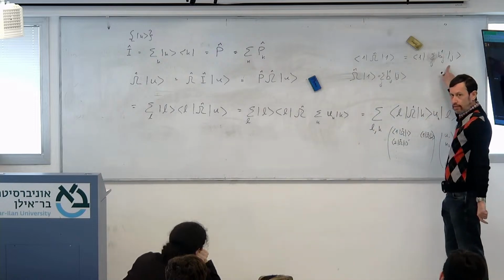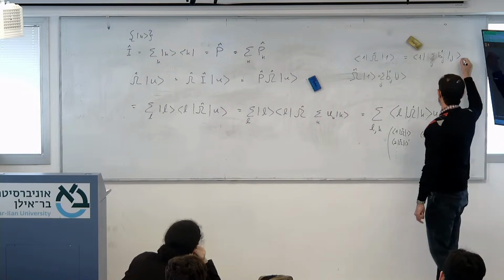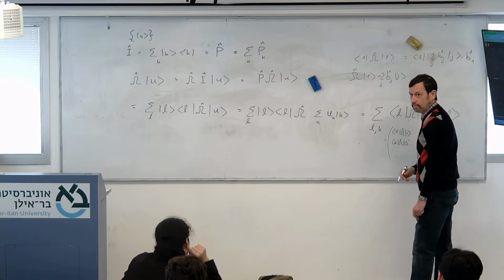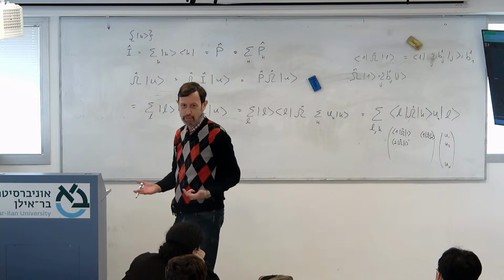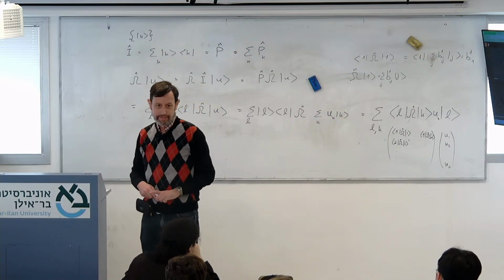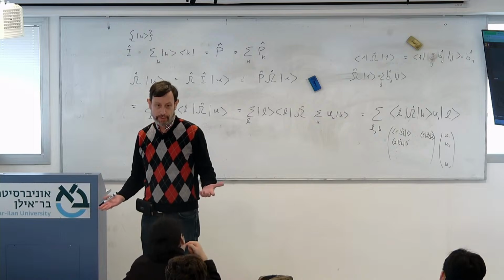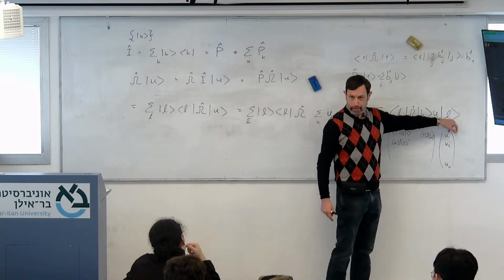Our lovely delta function, so it's a number. It's a scalar that fits to 1, 1. So I have an n by n set of numbers that I have to sum up in this way.